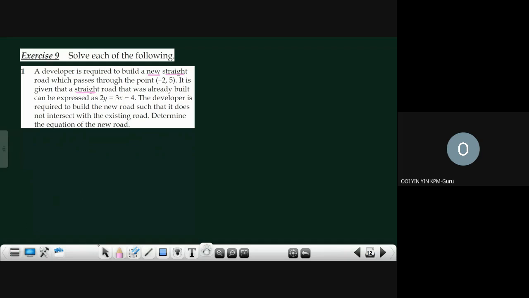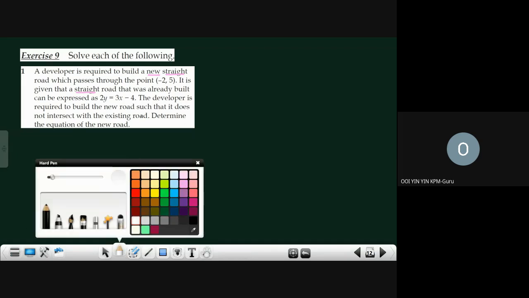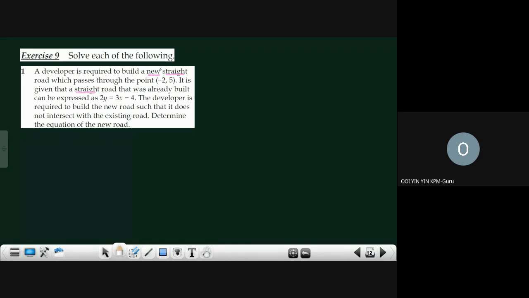A developer is required to build a new straight line like this, which passes through the point. A straight line is not necessarily horizontal.